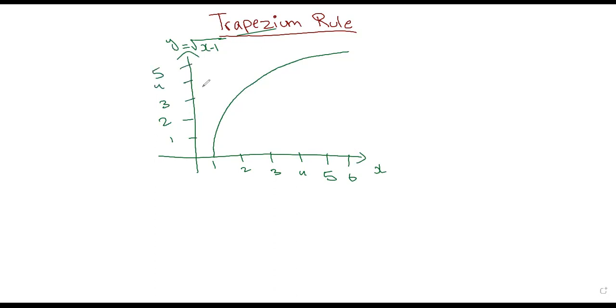Now, if I ask you to find the area under this curve, how would you attempt that? Area under the curve, I have to integrate it from 1 to 6.